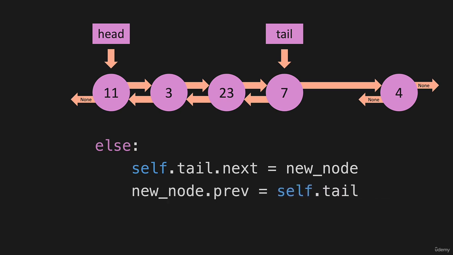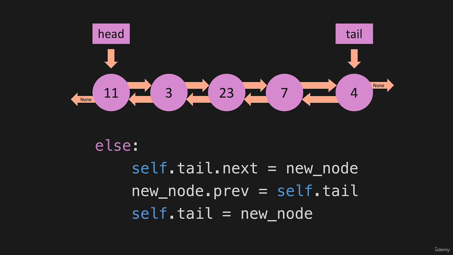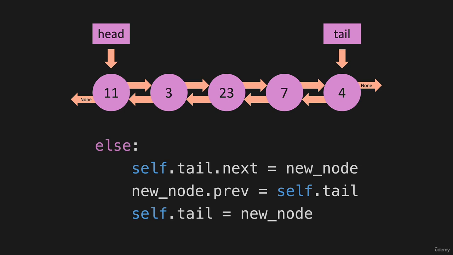And new node.previous equals self.tail. In other words, that previous arrow on the new node is going to point to the same node that tail is pointing to, like this. Then we'll set tail equal to new node. That moves tail over and adds that item into the list.